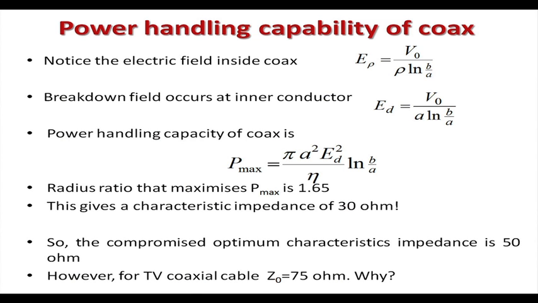The flip side is one side gives you 77 ohm, another side gives you 30 ohm. So, the compromise case is to take 50 ohm, that means do not minimize the loss fully, do not maximize the power handling capability fully, come to something in between.